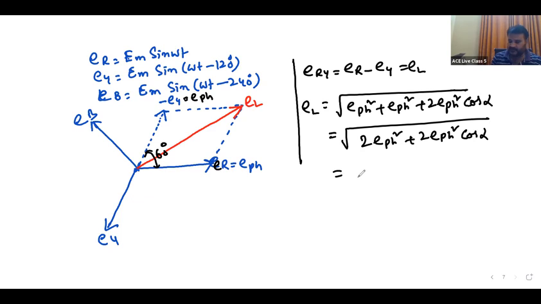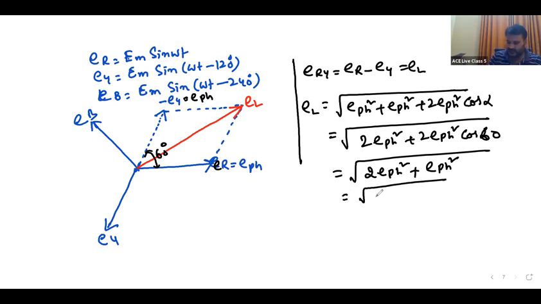Here the angle is 60, so cos 60, which is 1 by 2. That is equal to 2 EPH square plus EPH square, which is 3 EPH square.